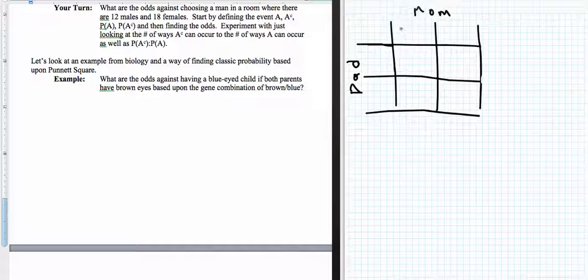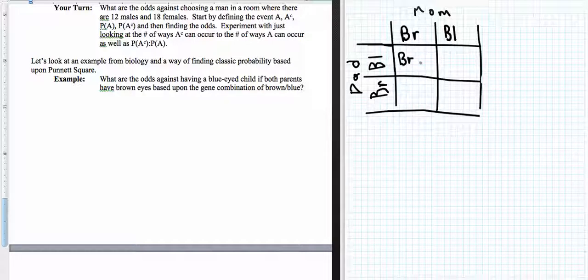But mom and dad could carry a brown-blue allele. And the brown, being the dominant of the two, will lead to having the phenotype of brown eyes rather than blue.